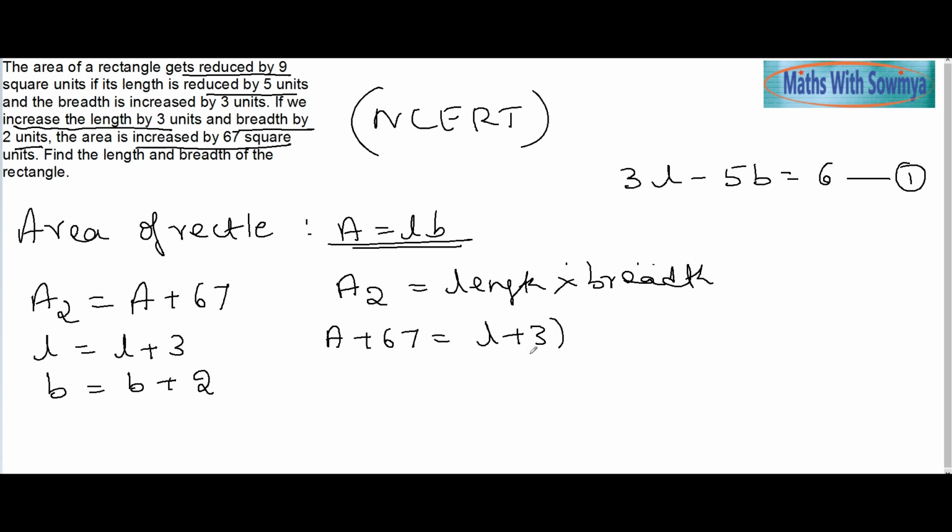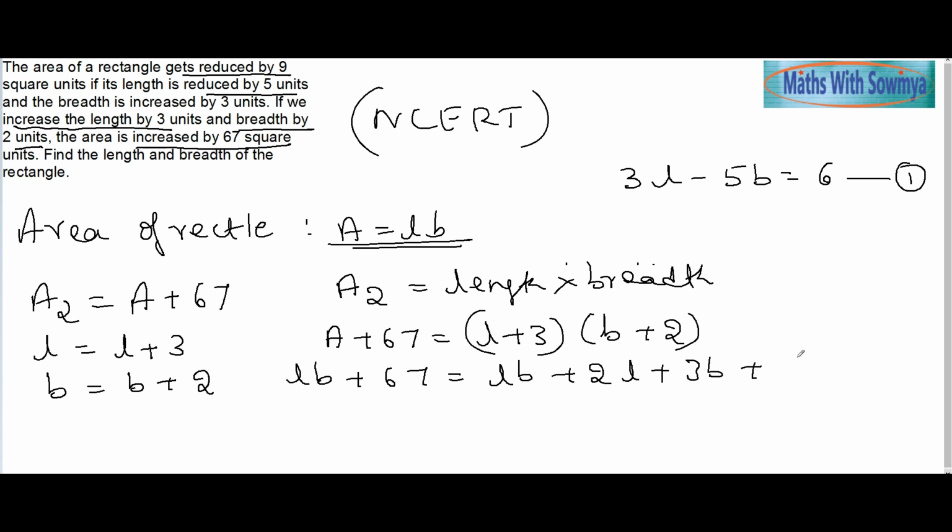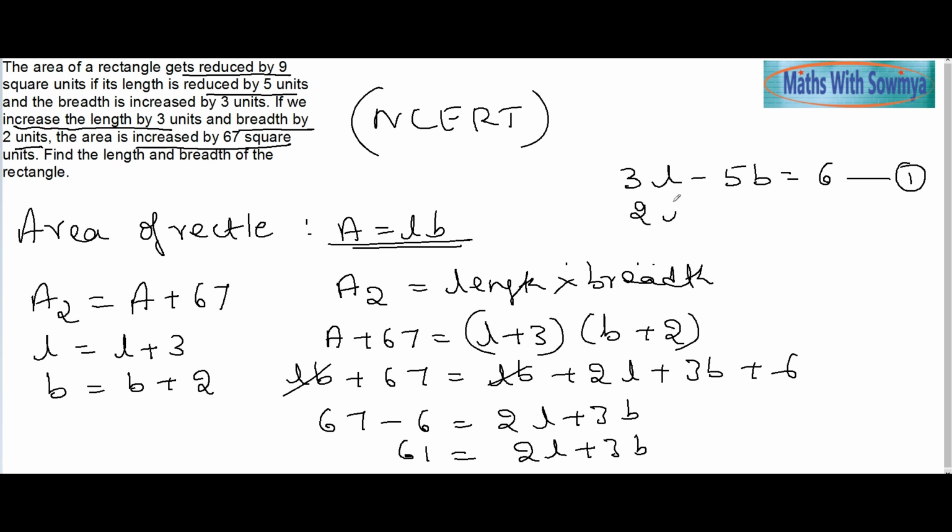This is L plus 3 and B plus 2. A is again LB, plus 67, equals LB plus 2L plus 3B plus 6. This will get cancelled. 67 minus 6 is 61, equal to 2L plus 3B. So, my second equation is 2L plus 3B equals 61.